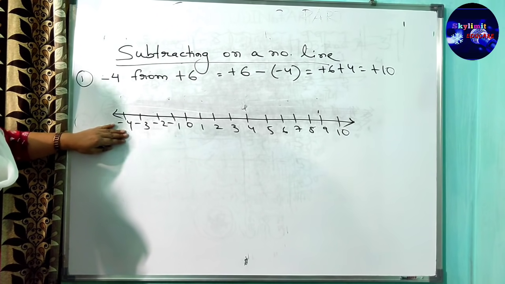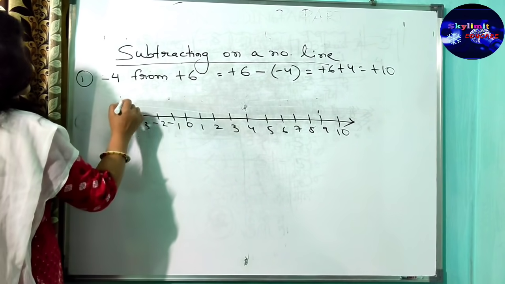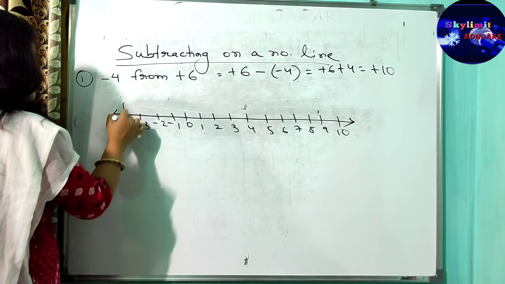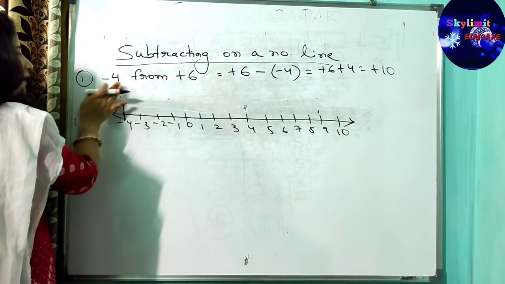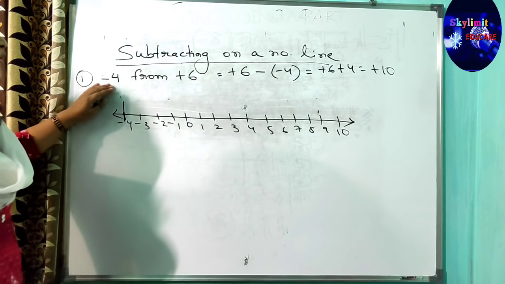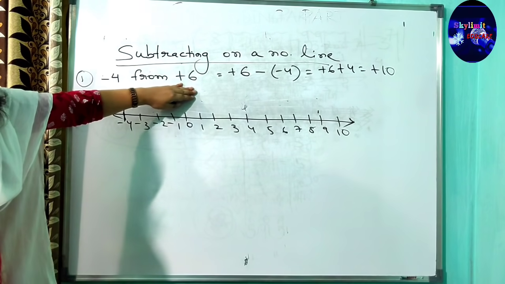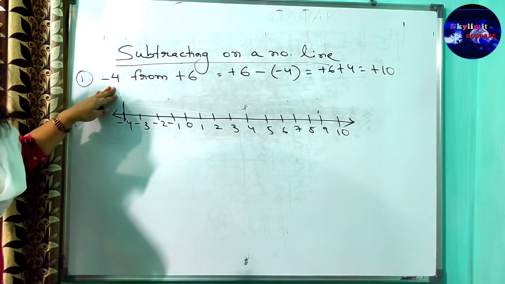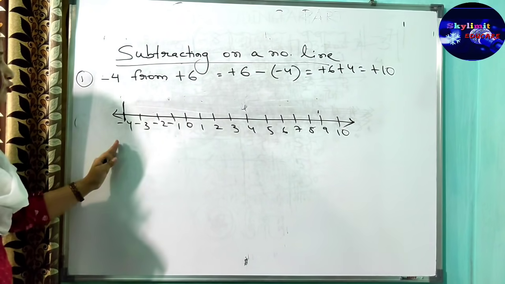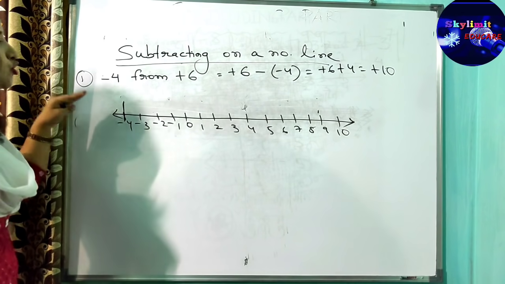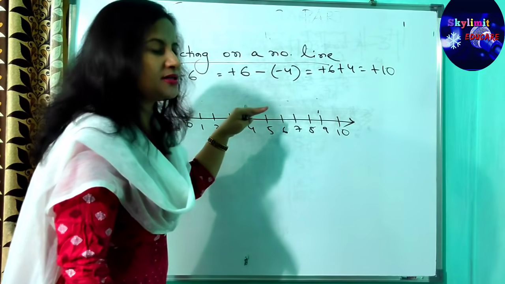Minus 4 is here. Whatever is the subtrahend is minus 4. Remember it: after "from", minuend; before "from", subtrahend. So you have to take the subtrahend towards the minuend.